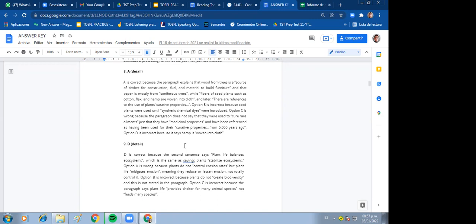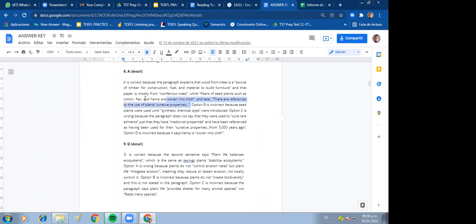Option B is incorrect because seed plants were used until synthetic chemical dyes were introduced, okay? Option C is wrong because the paragraph does not say that they were used to cure rare ailments, just that they have medicine properties and have been referenced as having been used for their curative properties from 5,000 years ago. Option D is incorrect because it says hemp is woven into cloth. So for this question, letter A was the answer because of all of this, okay?